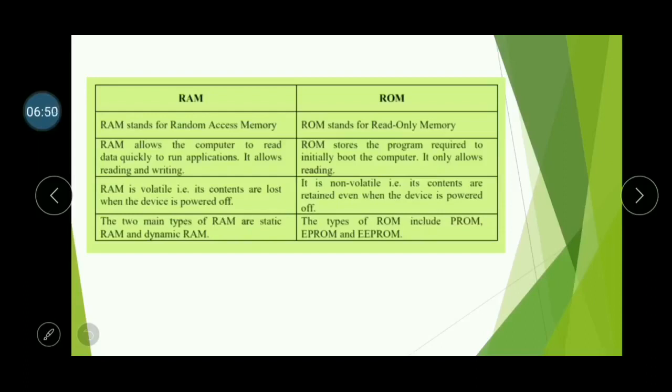Third, RAM is volatile, that is, its contents are lost when the device is powered off. ROM is non-volatile because the contents of ROM are retained even when the device is powered off. Fourth difference, the two main types of RAM are static RAM and dynamic RAM. The types of ROMs are PROM, EPROM, EEPROM. So these are the differences between RAM and ROM.